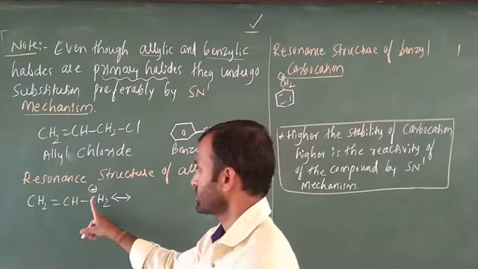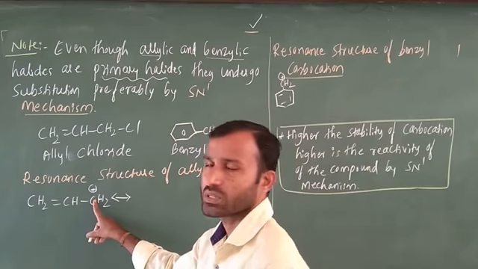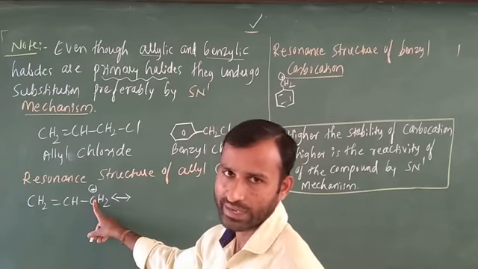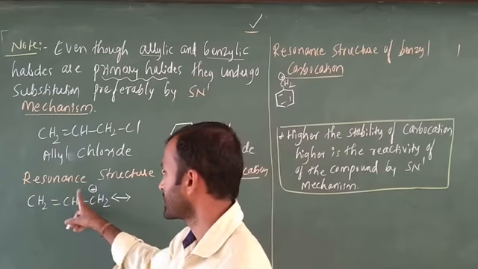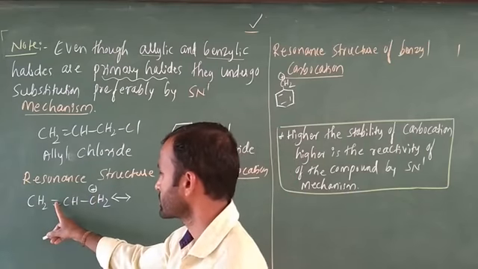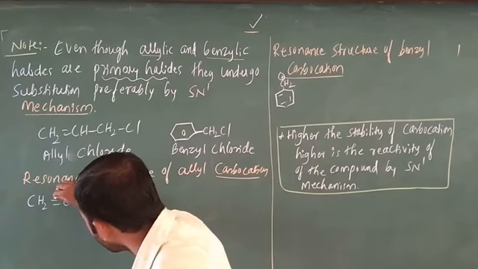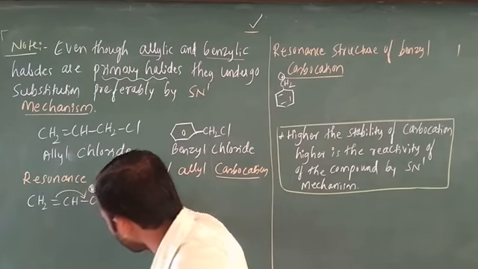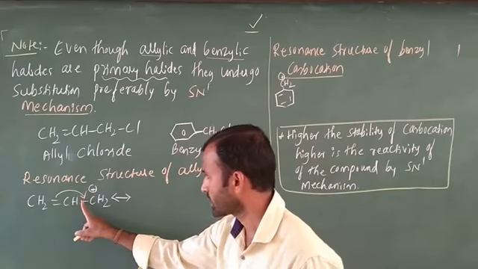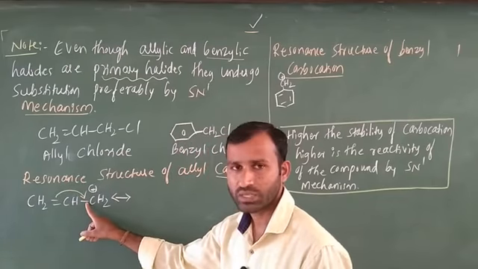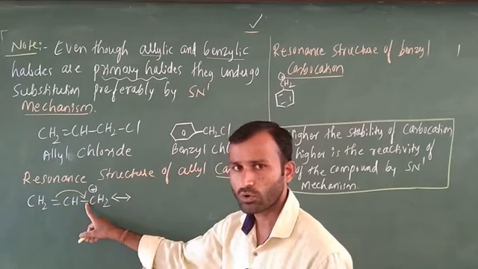If a positive charge is there, it is understood as the loss of an electron. Here I am going to satisfy the electron, meaning resonance takes place: the double bond can donate here. If the double bond donates here, automatically the electron is satisfied, or the bond is also satisfied.